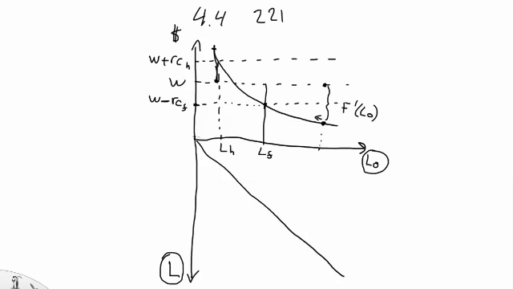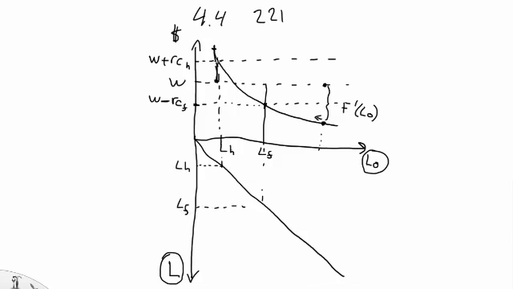So if we just had this 45-degree line, it would mean that no matter what the labor stock was in this period, we would move down and we would move across and we would come to exactly the same level. So for instance, if we take this LH level, if we move down here and then across, we can write LH here. If we move down here with the LF, we can write LF here.